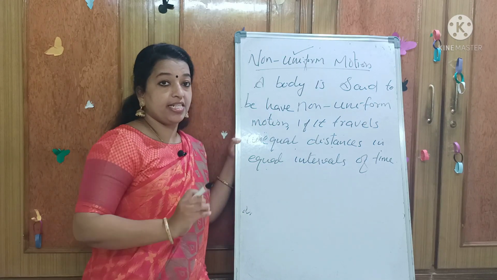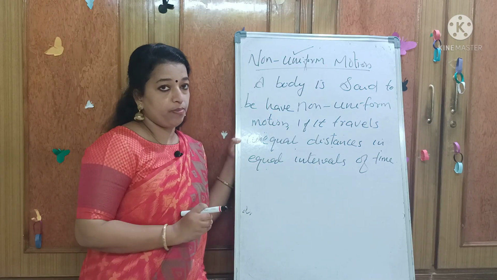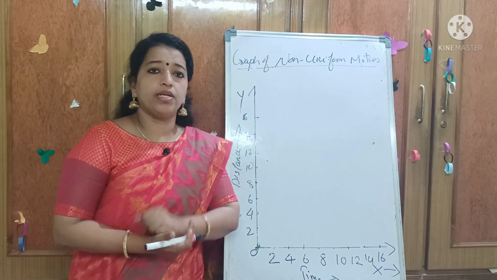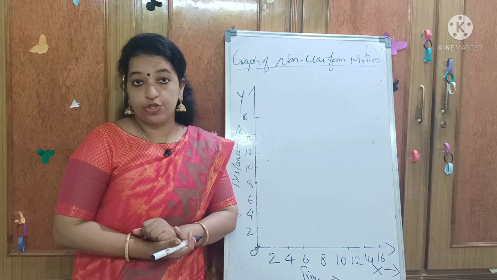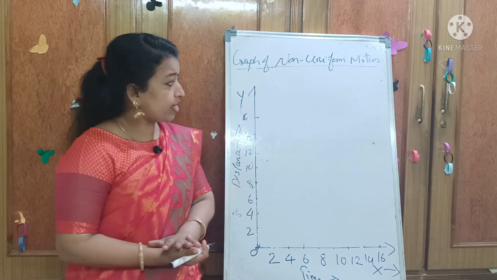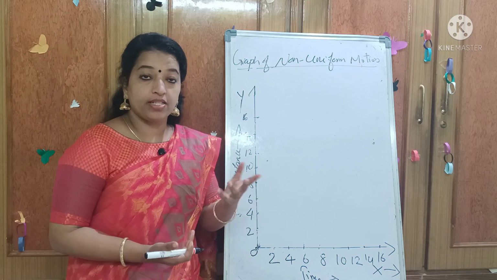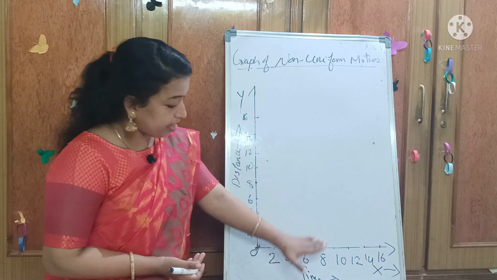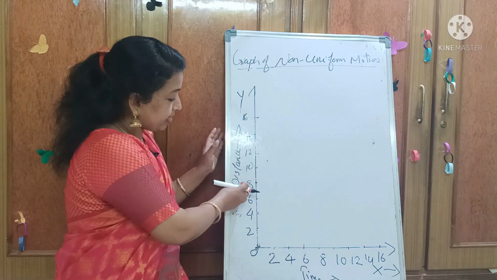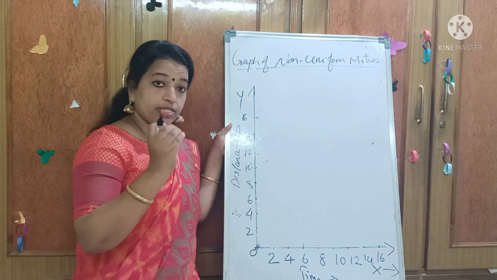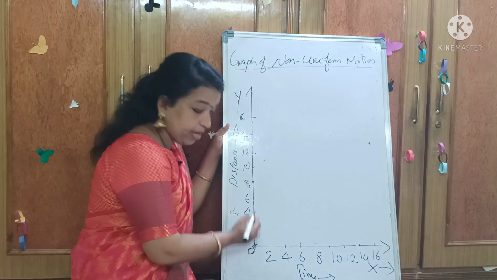So now let's see the graph of a non-uniform motion. What did we get for the graph of a uniform motion? We got a straight line, right? So let's see the shape for non-uniform motion. Is it a straight line or some other shape? On the x-axis I have taken time, on the y-axis I have taken distance. At 0 second the car covers 0 meter only.